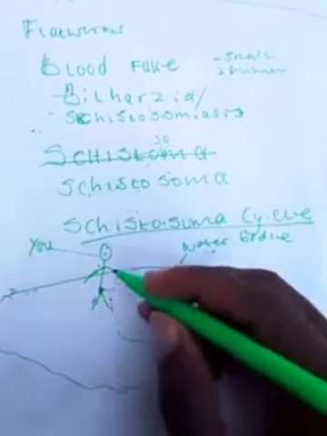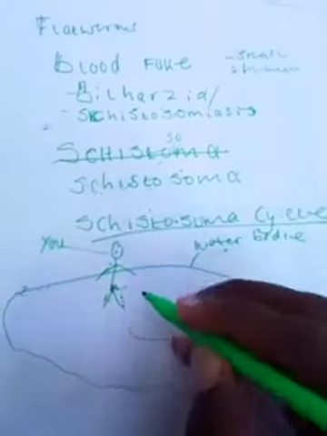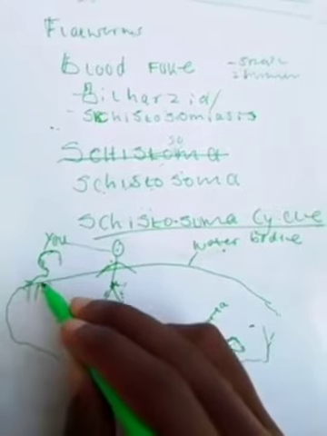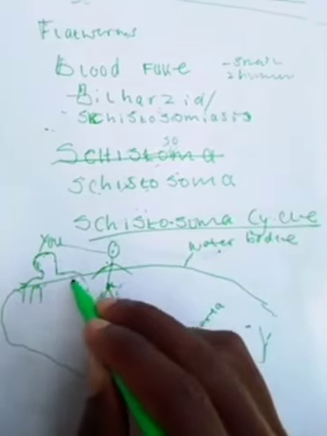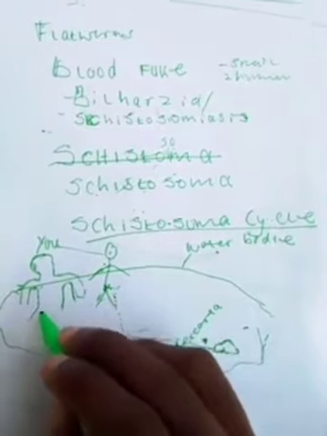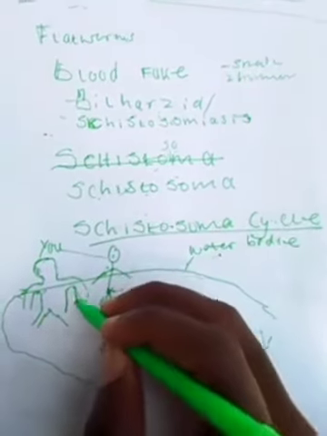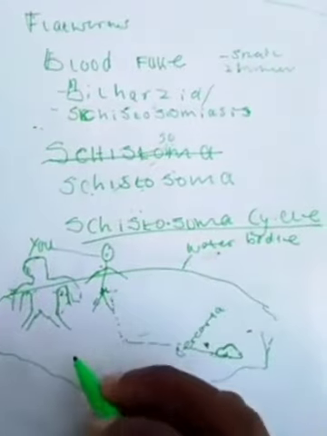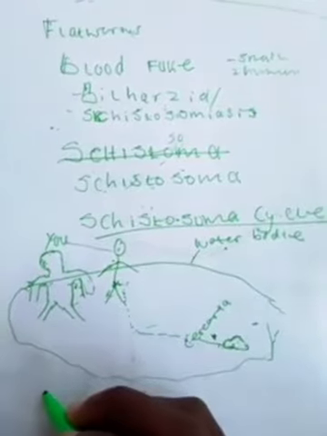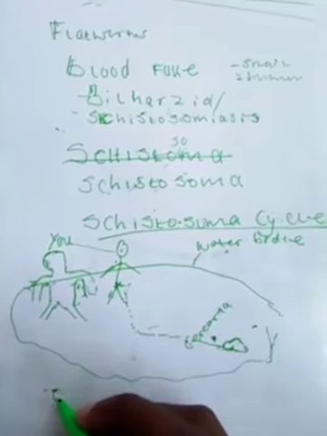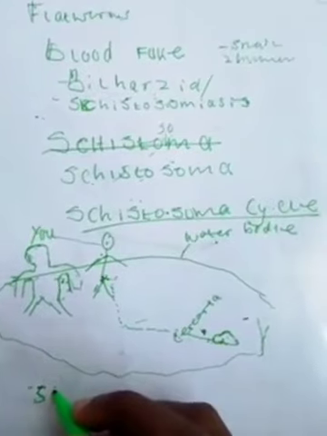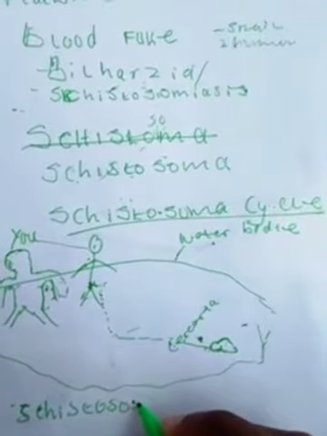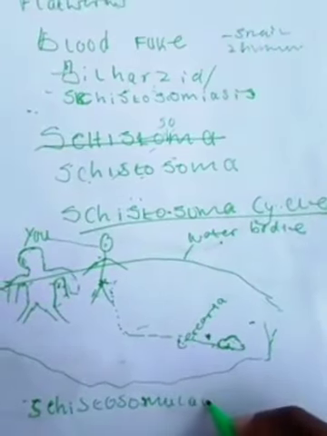Okay, so when they penetrate your skin, let me draw something like this. Now when they penetrate the skin, they are going to become what is called the schistosome.